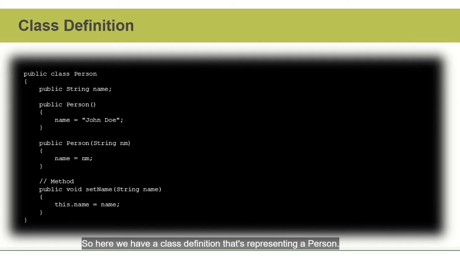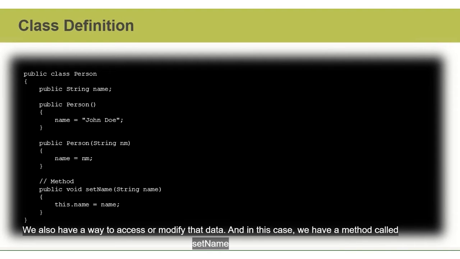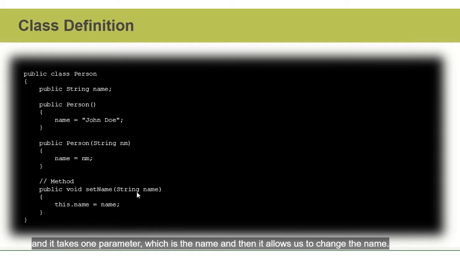So here we have a class definition that's representing a person, and you'll notice that we've given it the name person, and it contains a single piece of data, which in this case is a string representing the name of the person. We also have a way to access or modify that data, and in this case we have a method called setName, and it takes one parameter, which is the name, and then allows us to change the name.